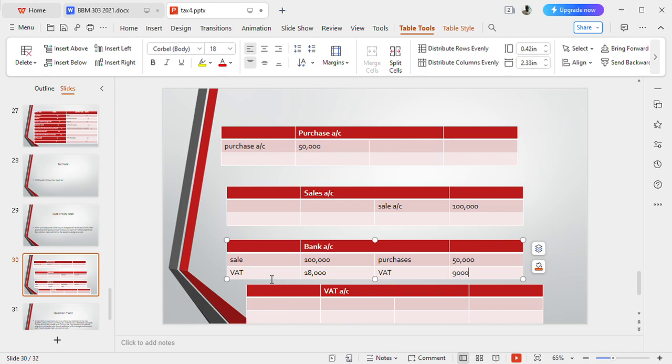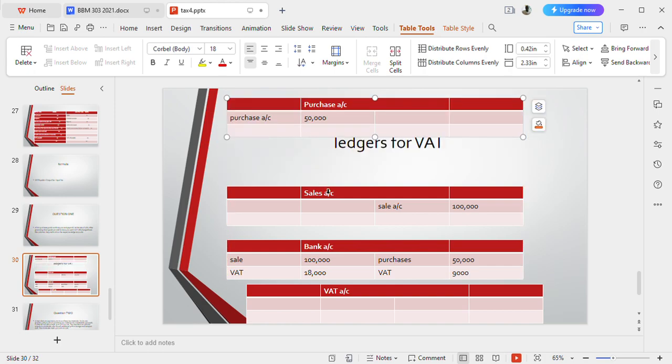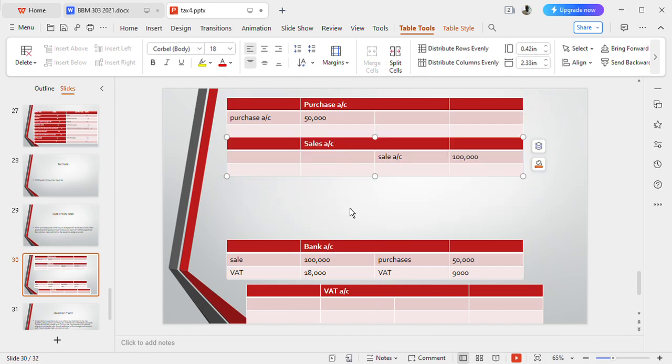Then we now come to the VAT account. So let me push this upward so that I have room for this other computation.